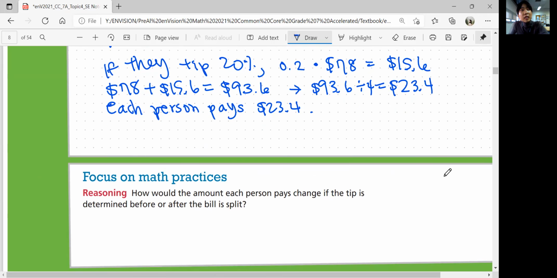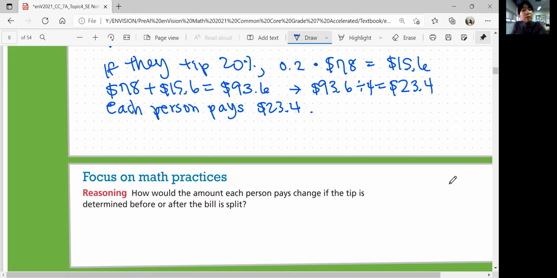How would the amount each person pays change if the tip is determined before or after the bill is split? Ooh. So would the order matter? If you tip before the split versus if you tip after the split?